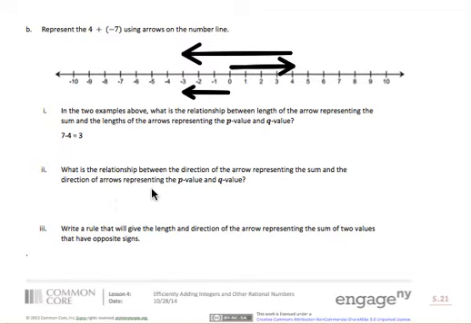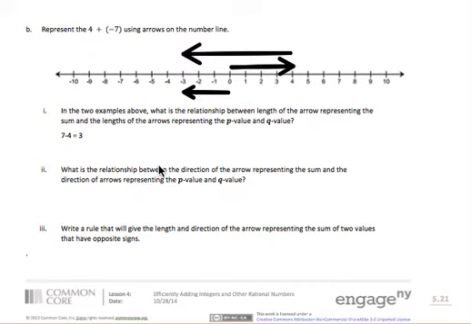The relationship between the direction of the arrow representing the sum and the direction of the arrows representing the p-value and q-value, and again, we haven't focused on those terms, but we can see that the p-value and q-value they're referring to are the two numbers that we're adding.